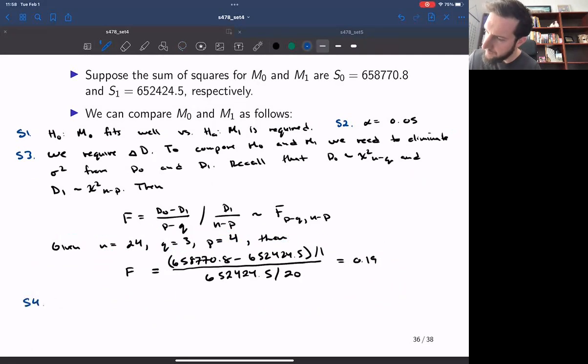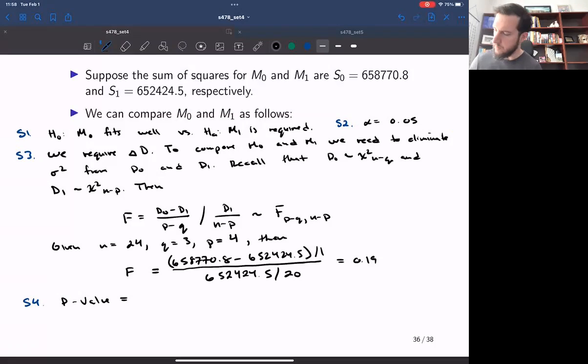Given F is 0.19, that means the p-value for this test is going to be the area above 0.19 on 1 and 20 degrees of freedom, which is going to be massive.